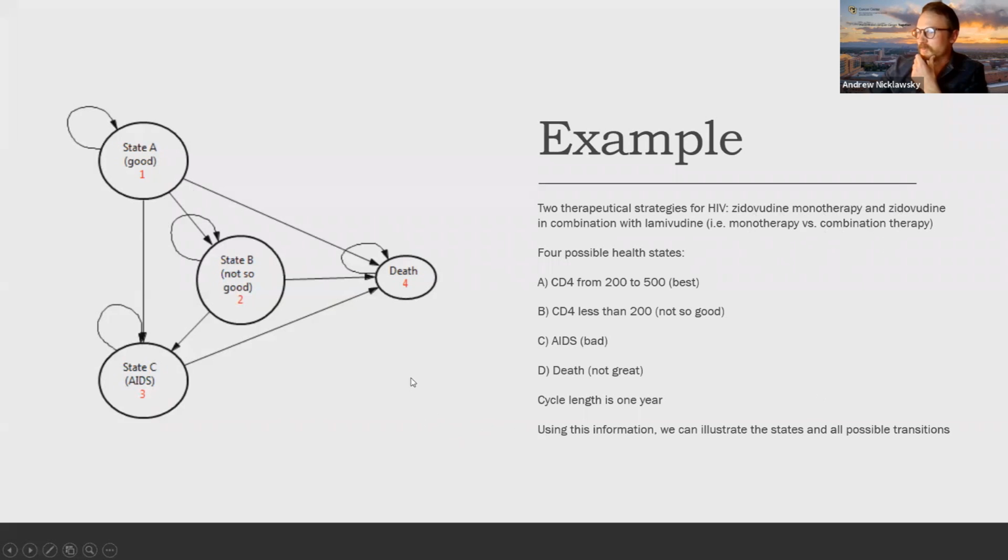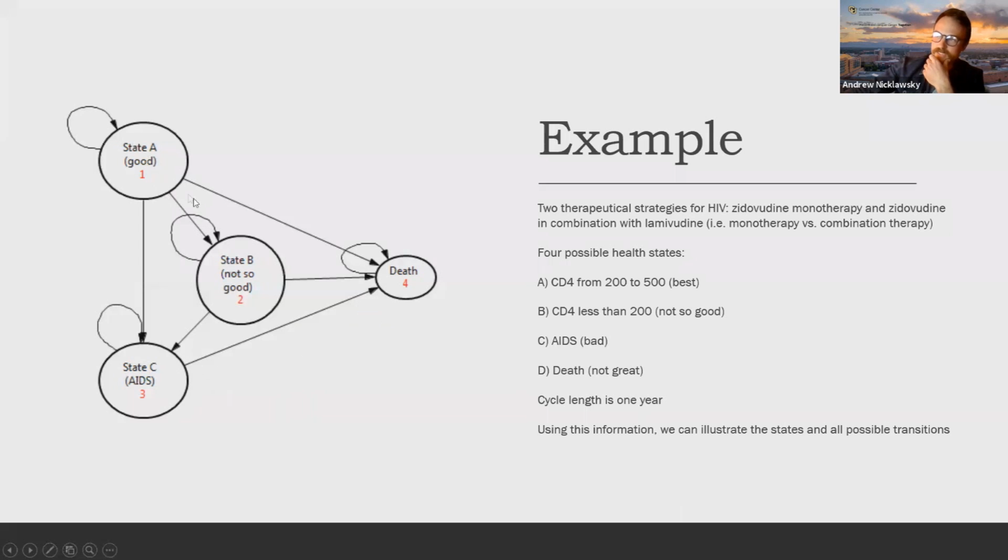In this case, we'll consider cycle length to be a year. And using this information, we can illustrate all states and possible transitions. So when you're looking at these arrows, we can see that we can go from our state A to death. We can go to B, which is a reduced CD4 count, or we can get AIDS. Similarly, from AIDS, we can only die.